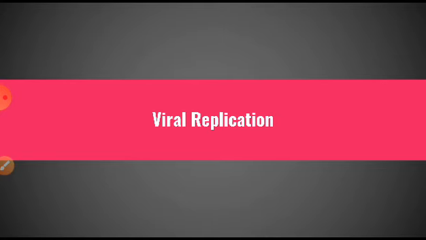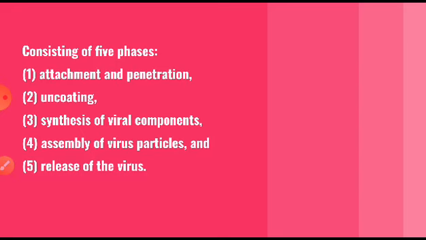We have to understand the viral replication process as well. Usually, the viral replication process is classified into 5 different phases. As I told you in the beginning, every phase of the virus particle process is a very potential target for treatment. So there are 5 phases, meaning 5 potential targets.